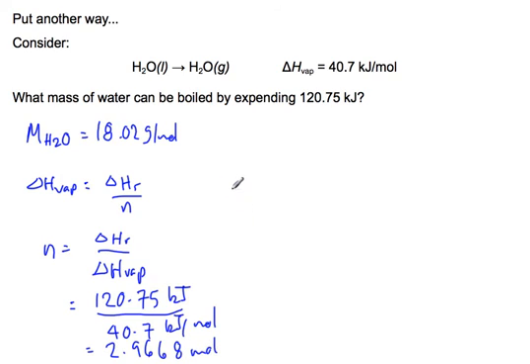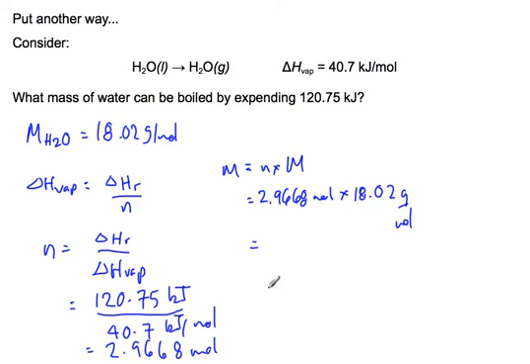Now we just convert moles to a mass. Mass equals number of moles times molar mass: 2.9668 moles times 18.02 grams per mole.